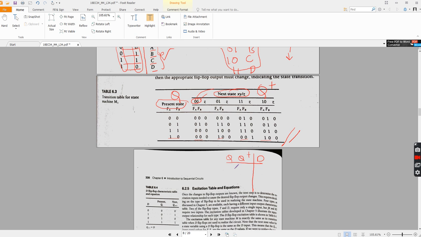I wrote the name of the table as the fundamental table and then the functional table: 0 0, 0 1, 1 0, 1 1. The output of D was 0 1 0 1, hopefully correct. Do you have notes? I told you to write the function table for the D flip flop, SR flip flop, JK flip flop and T flip flop.